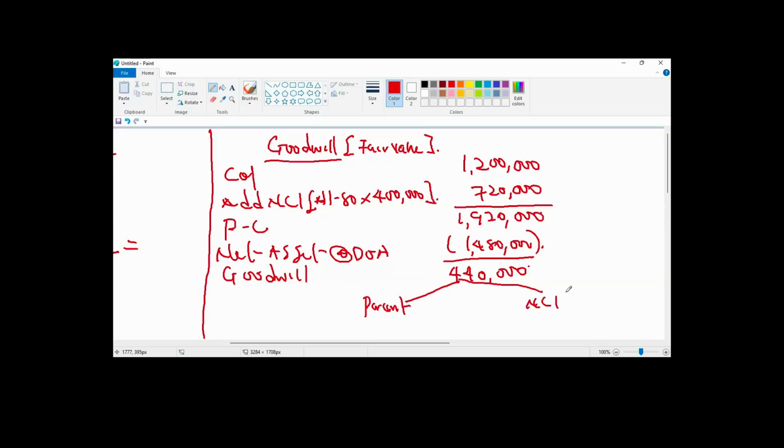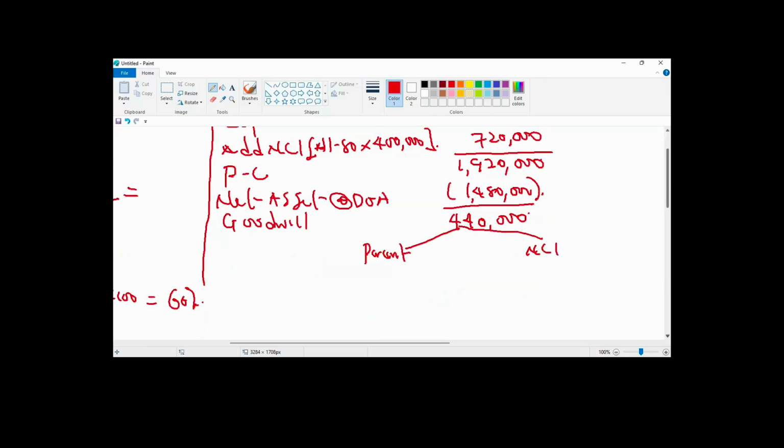Using fair value, the 440,000 is the total goodwill.